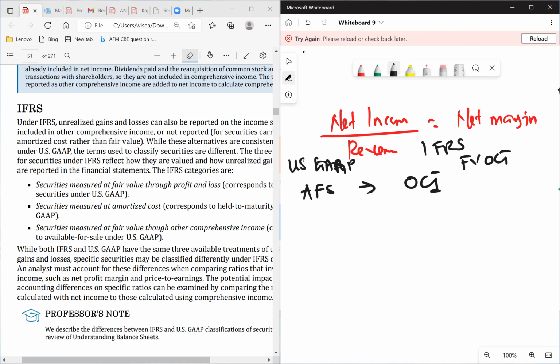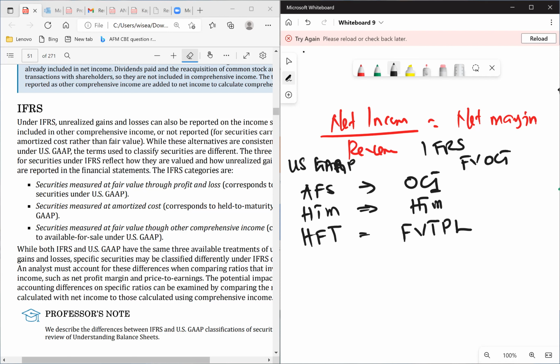Then there's so much similarity in there. Then held to maturity is also held to maturity here. And then held for trading will be fair value to P&L, fair value to profit and loss. Is that okay?